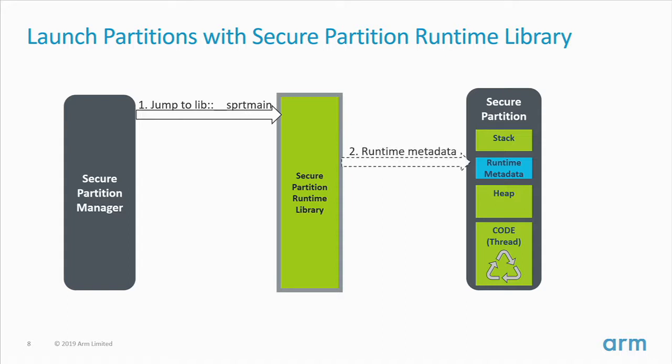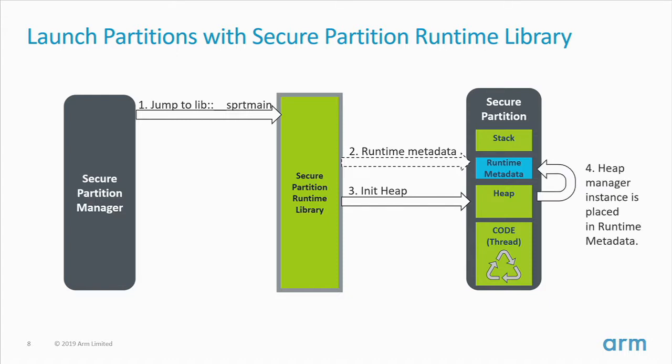And then the runtime library will get the runtime metadata from the secure partition. The metadata will mainly include the information about the secure partition and its heap. And then the secure partition runtime library will initialize the SP heap information and put the heap manager instance into the runtime metadata.